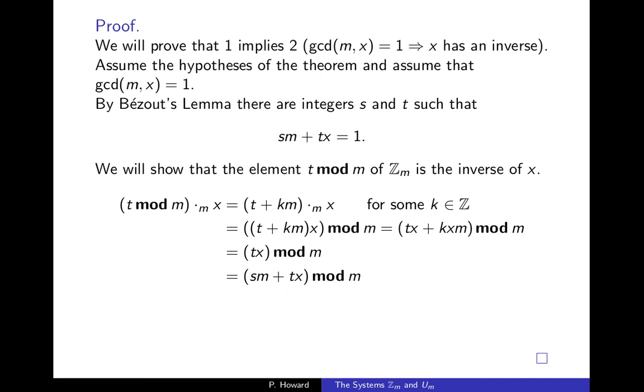This is the inserting and deleting multiples of m lemma again. Inside the mod m, we can insert or delete any multiple of m. So we're inserting s times m. And s times m plus t times x is 1. So this is 1 mod m, which is 1. So this completes the proof. We've just shown that t mod m multiplied by x using times sub m gives you 1.